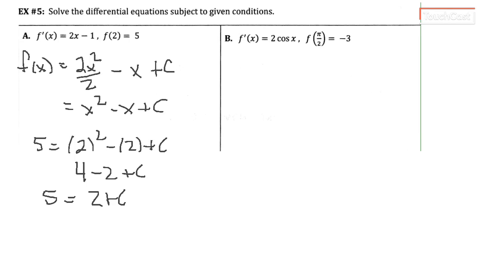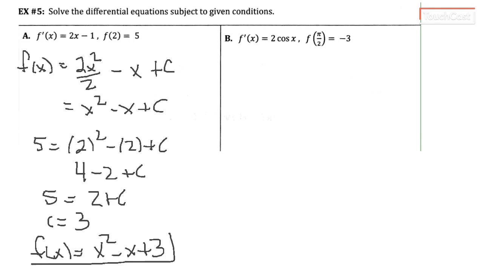If we subtract 2, we find that c is equal to 3. So our actual function is f of x equals x squared minus x plus 3. Pretty neat.